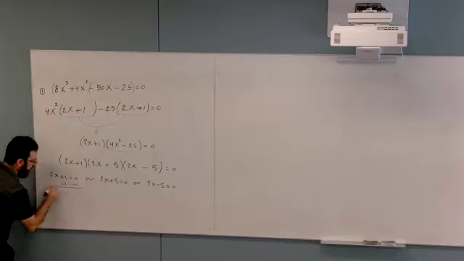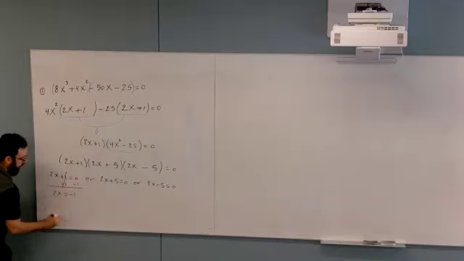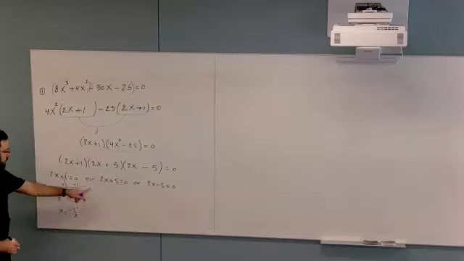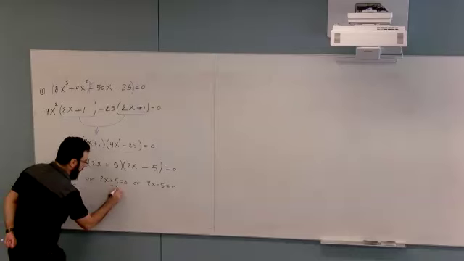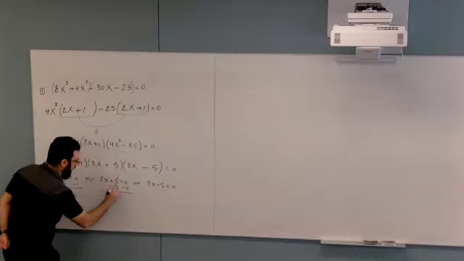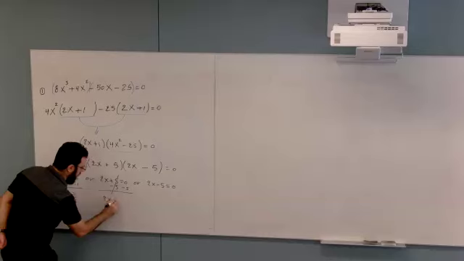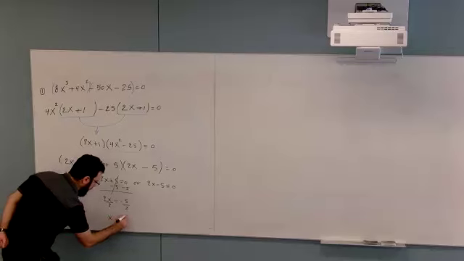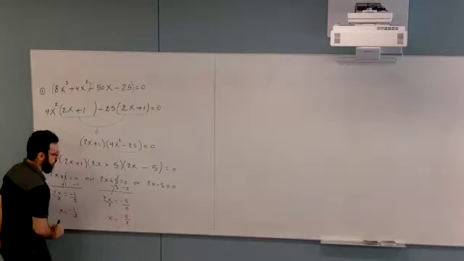Subtract 1 from both sides. x equals -1, then divided by 2, so x is going to be equal to -1/2. Same thing here, subtract 5 from both sides. 2x equals -5, then divided by 2. x is going to be equal to -5/2.